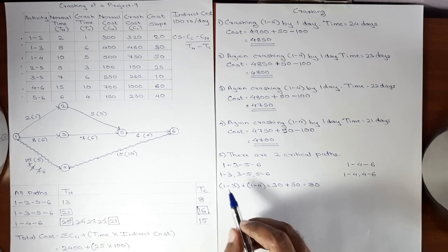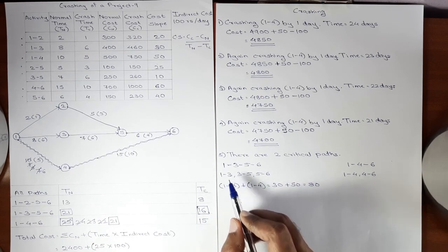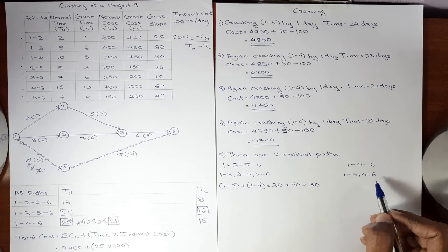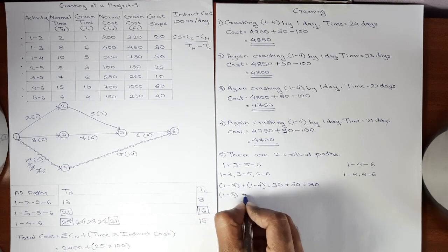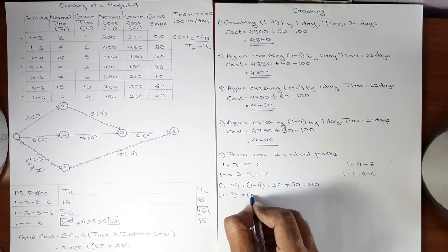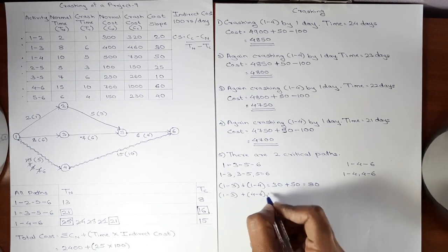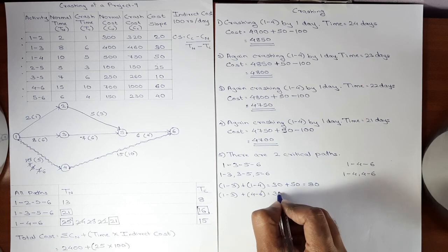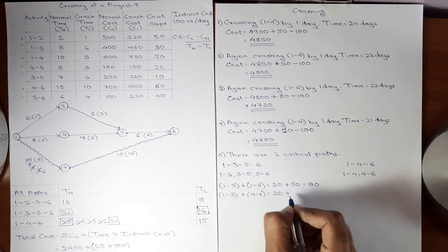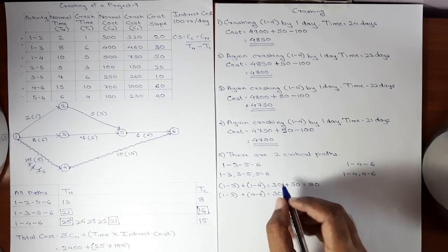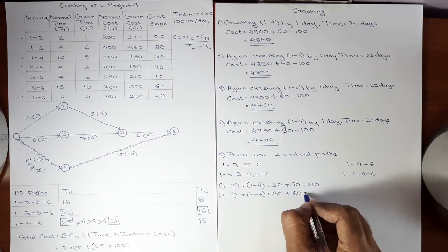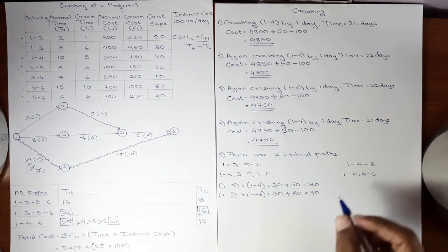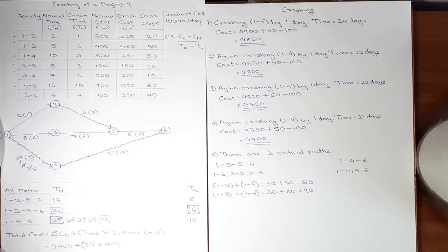The second combination will be the first activity from the first path, second activity from the second path: 1, 3 plus 4, 6. Cost slope of 1, 3 is 30, cost slope of 4, 6 is 60. 30 plus 60 is equal to 90.